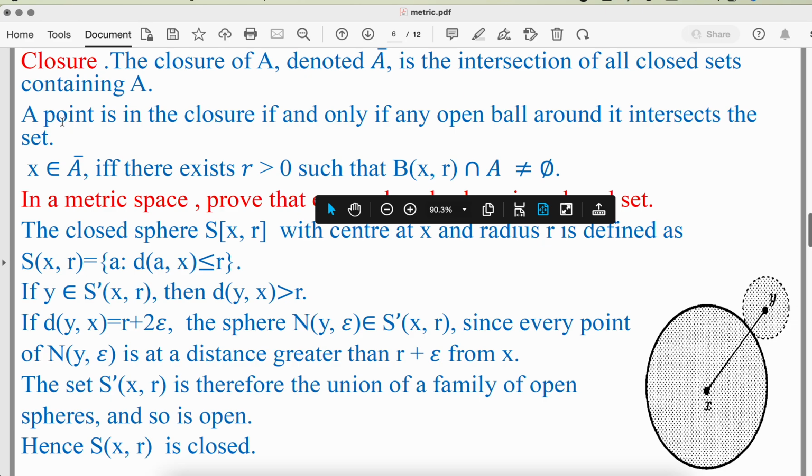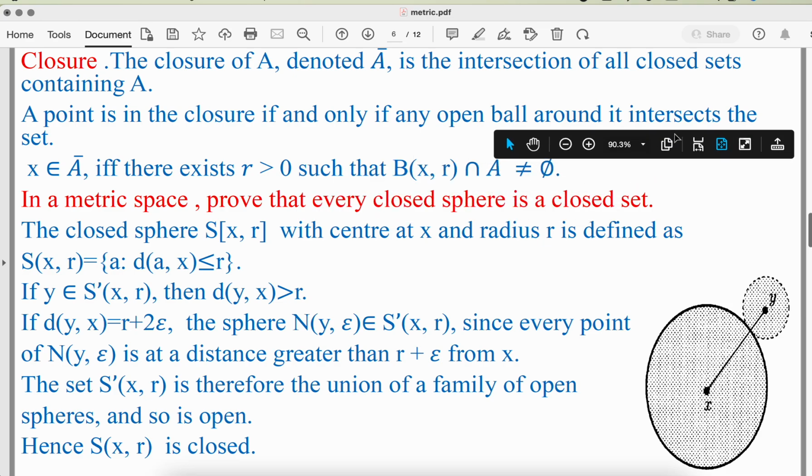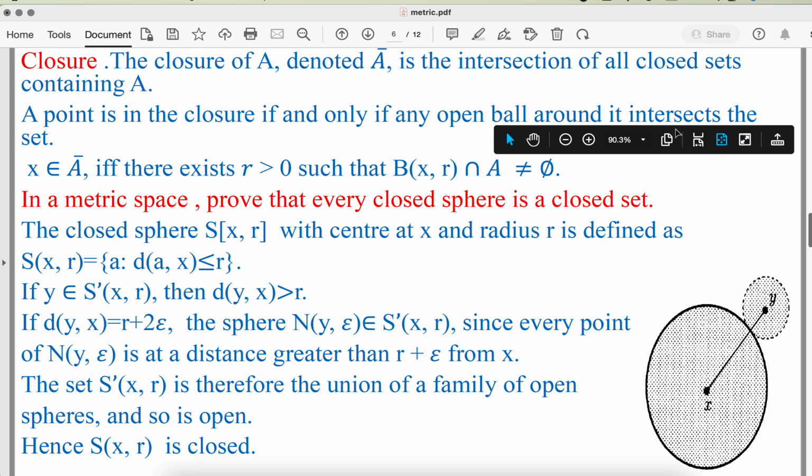It means x belongs to A bar, the closure of A, if and only if there exists r greater than 0 such that the open ball centered at x and radius r intersection A is not equal to empty set. So a point is in the closure if and only if any open ball around it intersects the set A.